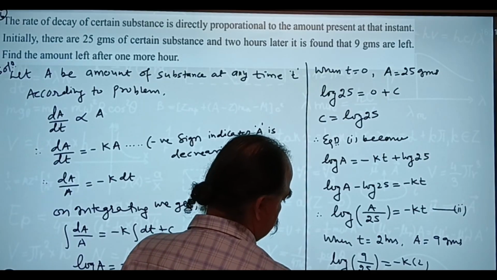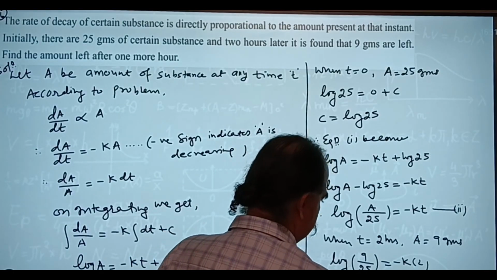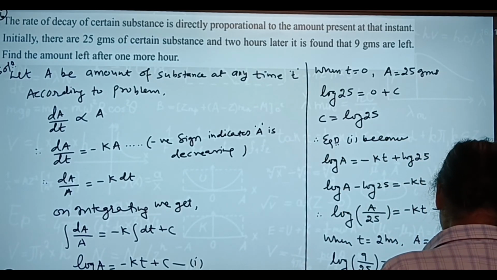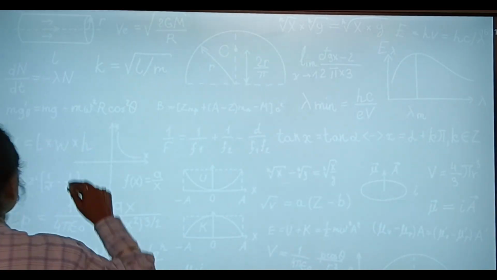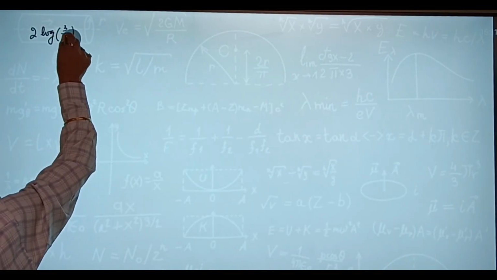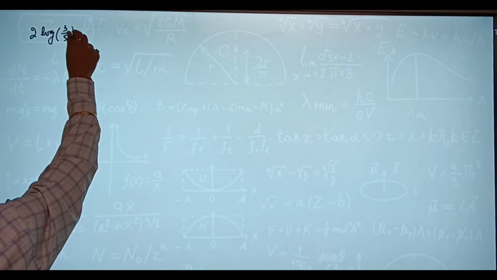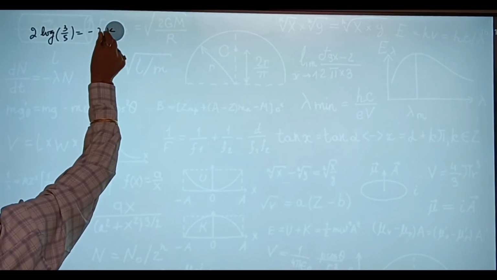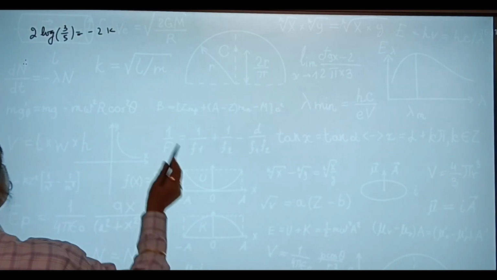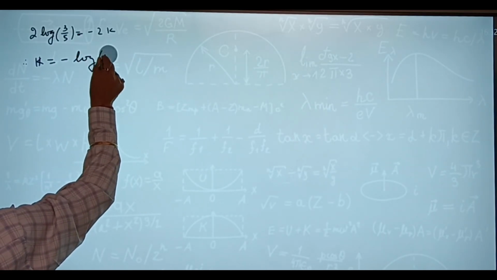Log of 3 by 5 square, so 2 log 3 by 5 is equal to minus 2k. So k is what? Minus log 3 by 5.